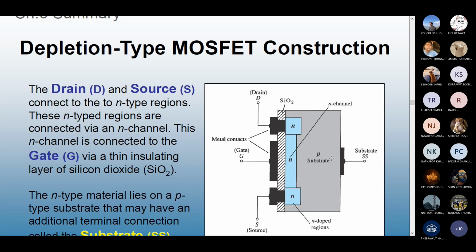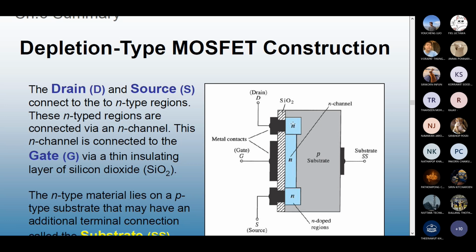The main body of construction, we call it the substrate. This one is made of a P-type material. Therefore, the large gray area is called the substrate and it's a P substrate. Also, you can see there's another additional terminal called substrate terminal, given by two capital S letters, SS.